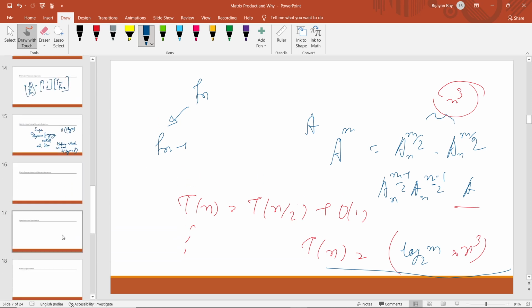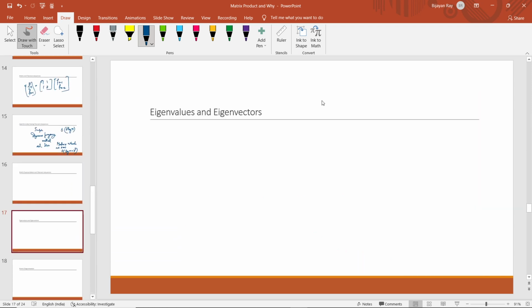Okay, now eigenvalues and eigenvectors. Basically, if we have a matrix, which can equivalently be called a linear transformation, suppose this is an m cross n matrix, mapping from a vector space of dimension m to a vector space of dimension n.